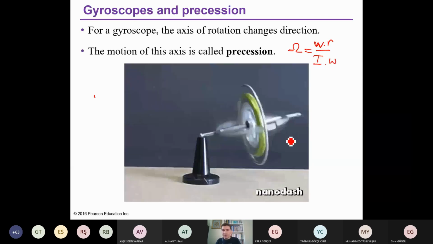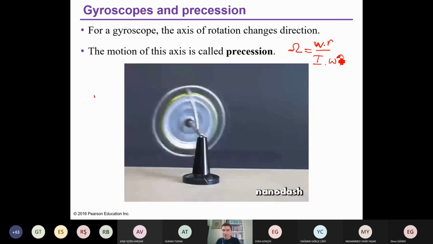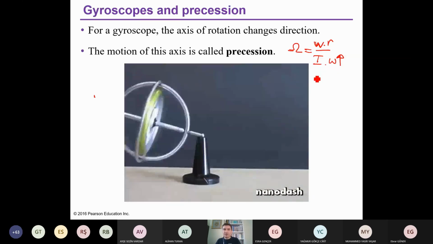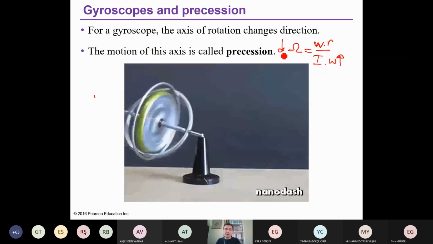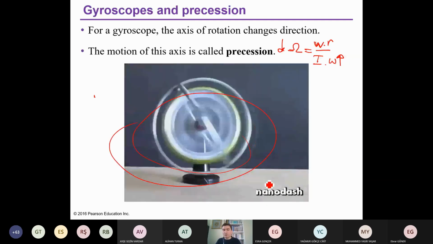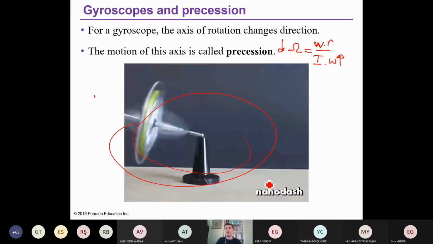So if you increase this omega, the angular speed of the green flywheel, then the system will rotate slowly around this one. Actually, this green one rotates faster, okay? So you can see it. You can also see many videos on the internet related to the gyroscope and precession motion.